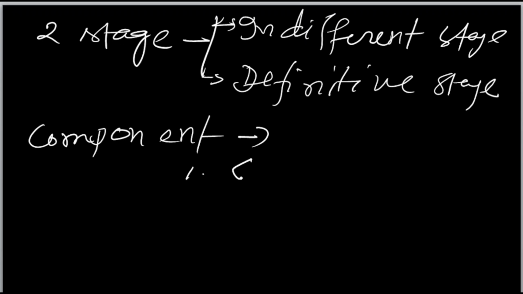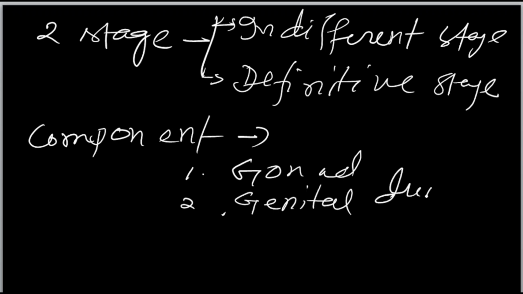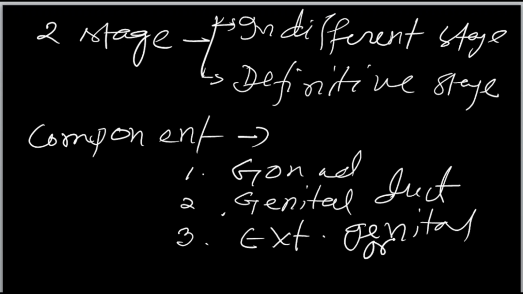First is a pair of gonads, then the genital ducts, which give rise mainly to internal genital organs. Third one is the external genital organ.